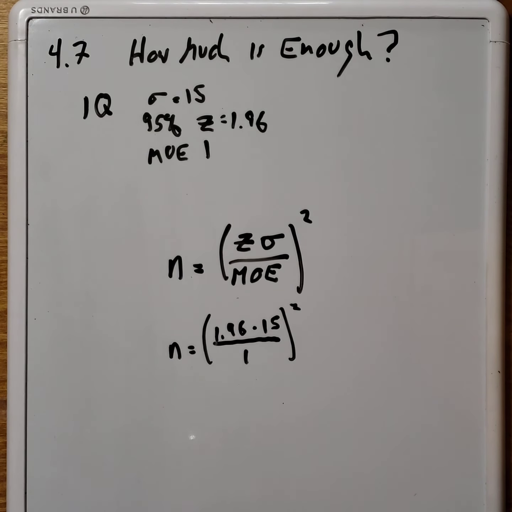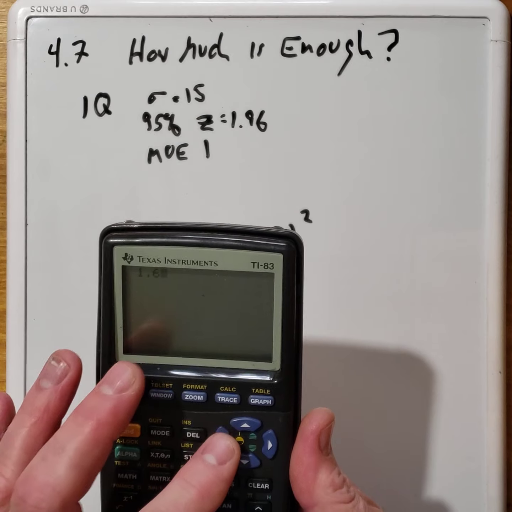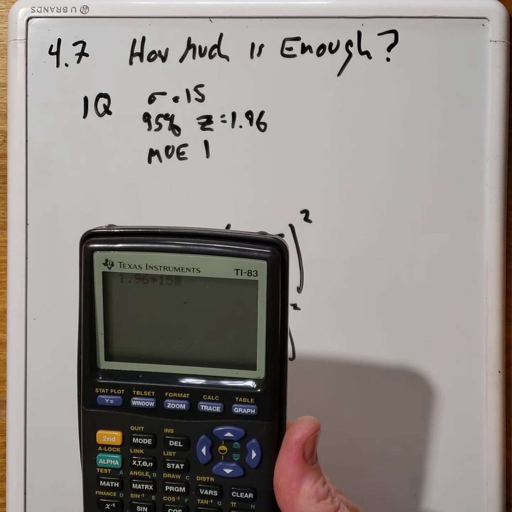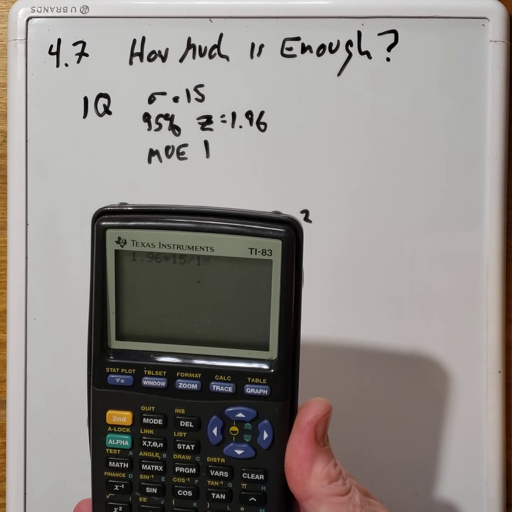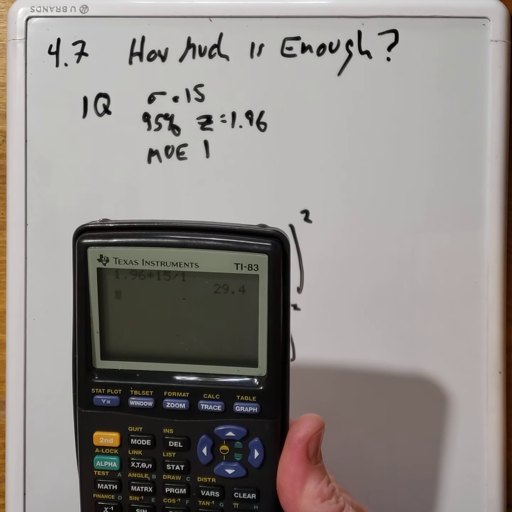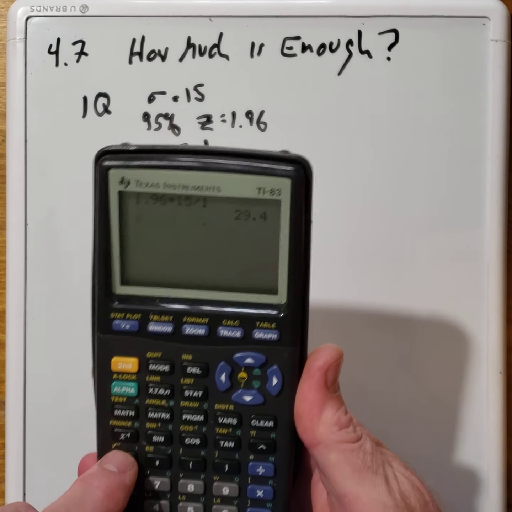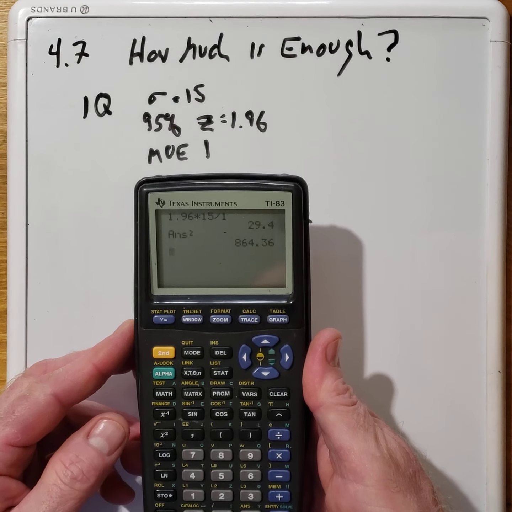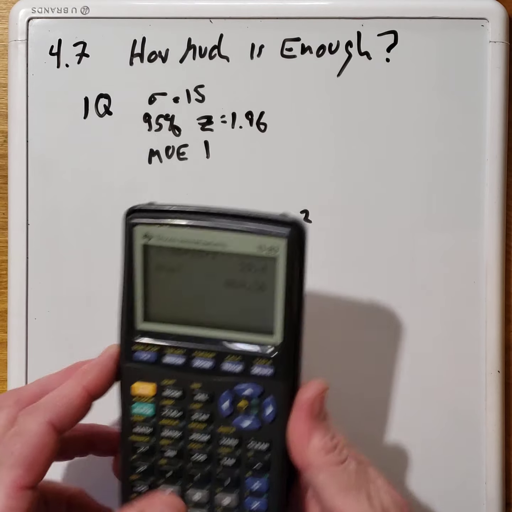And that's a really easy calculator deal. 1.96 times 15 divided by 1, which you don't really need to do. And then we would need to square that, and we'll get 864 data points.